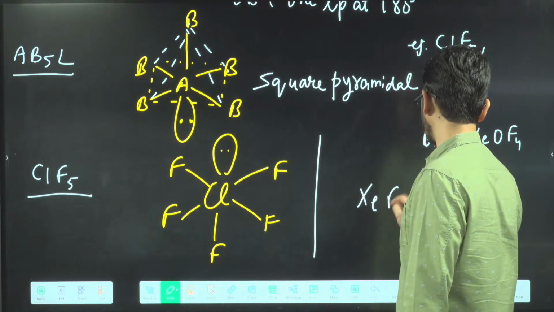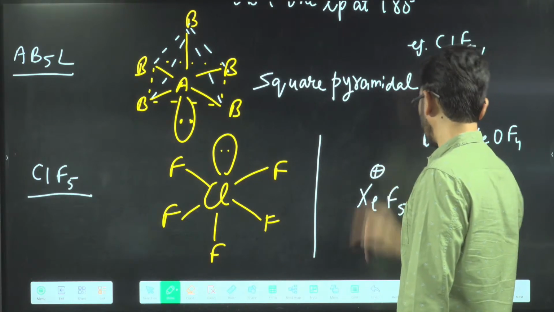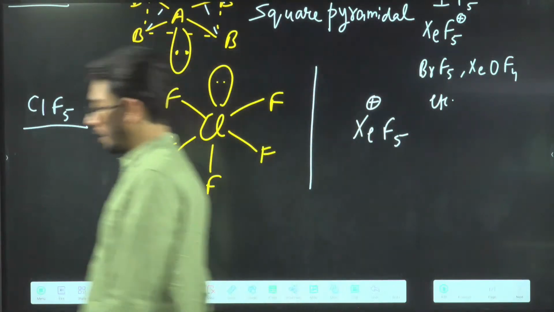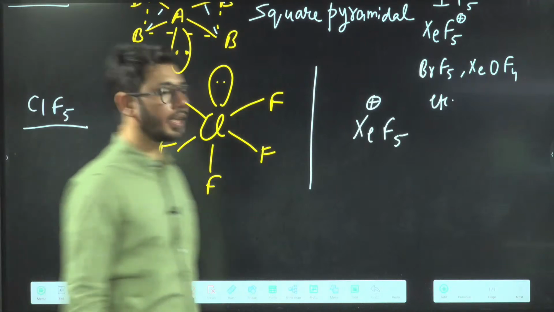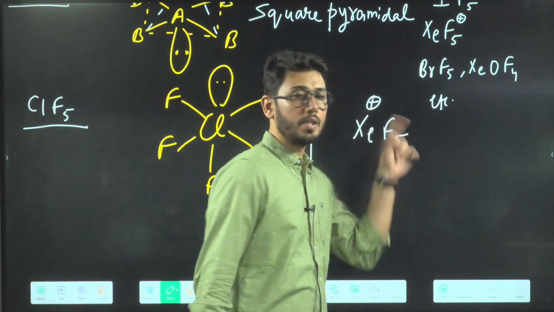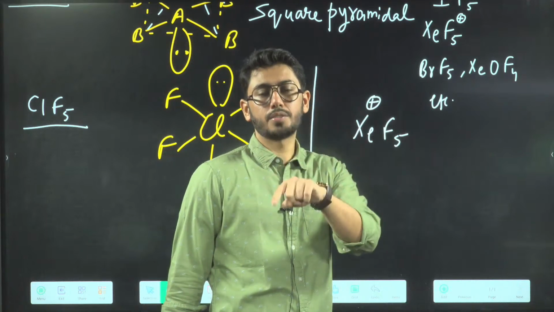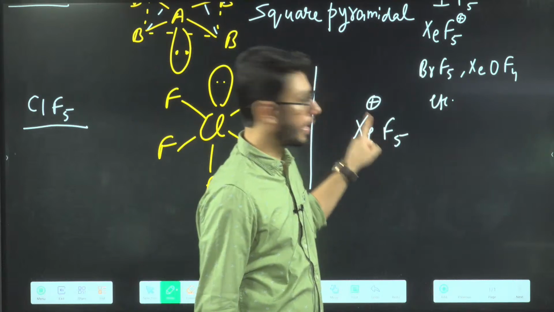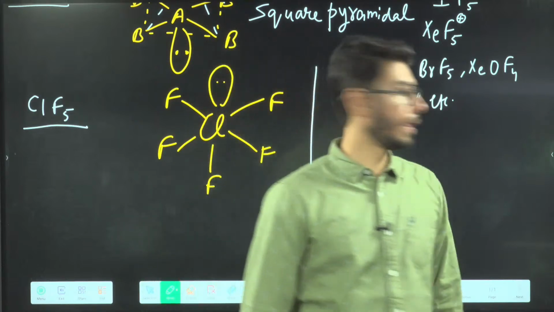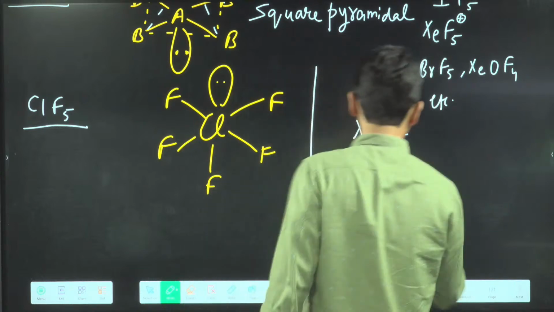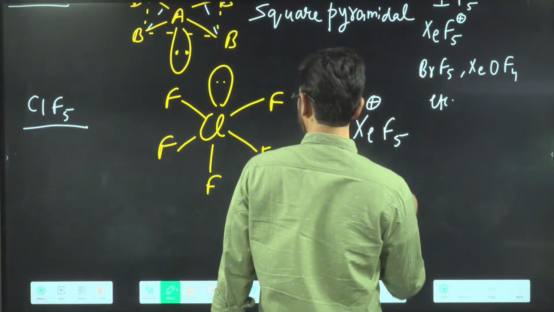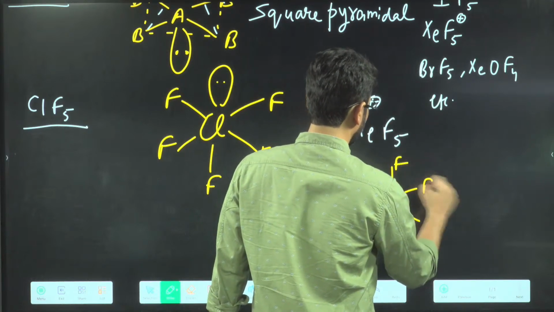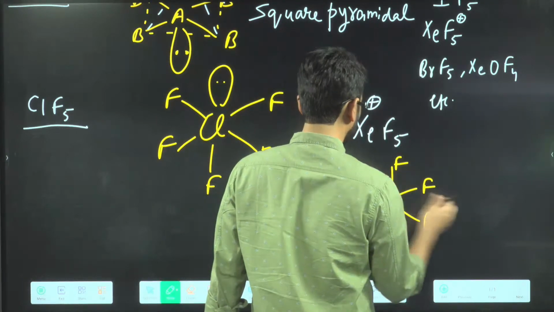The other one is XeF5+. Try this example. Xenon: how many electrons? 8. 5 in bond formation. How many left? 3. The +1 charge means you reduce by 1 out of 3, so 2 electrons left, 1 lone pair. So 5 bond pairs and 1 lone pair. On the structure of XeF5+, it is AB5L type. Anywhere you can write the lone pair. All are the same positions, no axial, no equatorial.